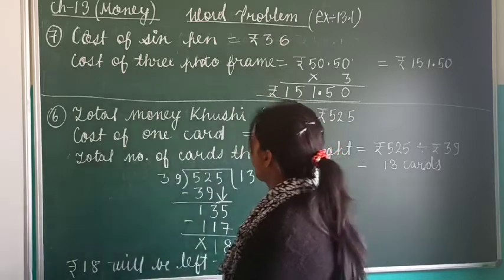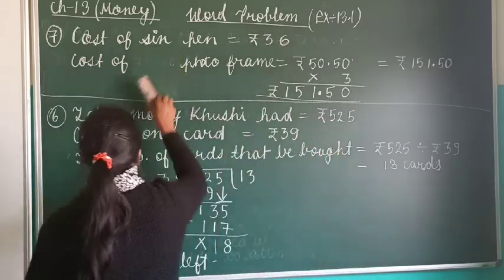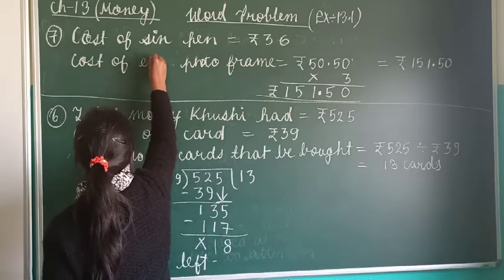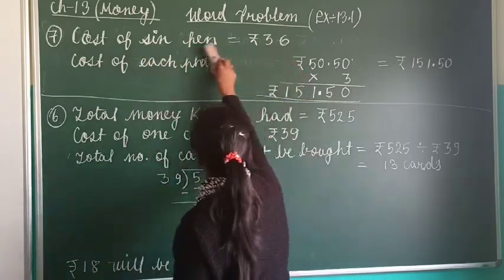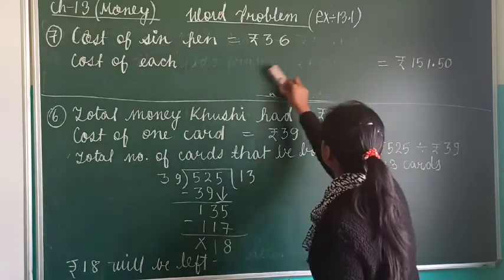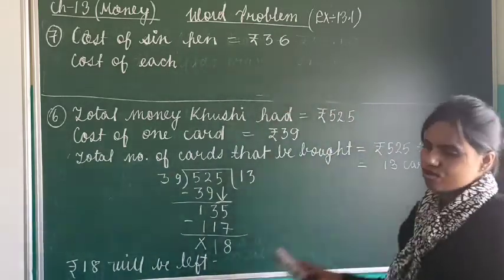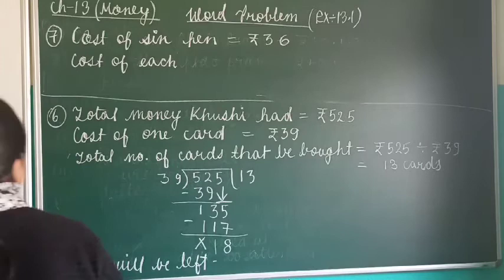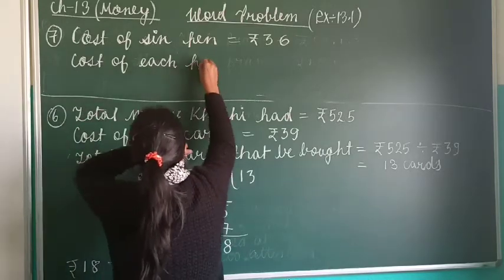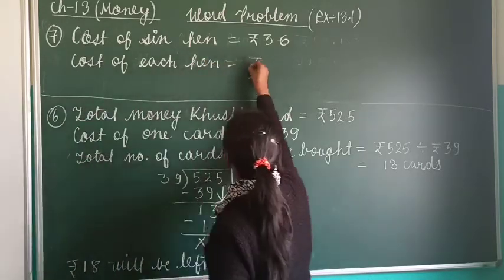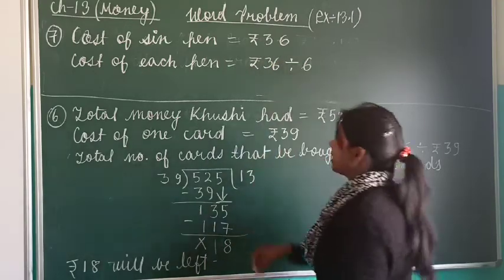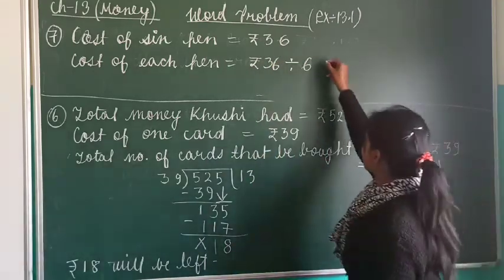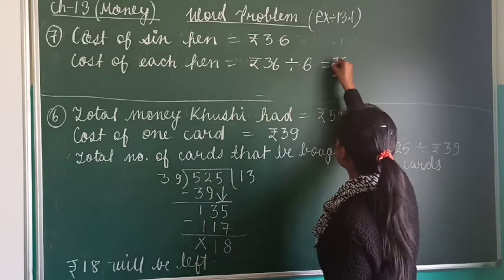Okay, so now the cost of each pen is equal to the cost of 6 pens, 36, divided by 6. So you know the answer will obviously become rupees 6.